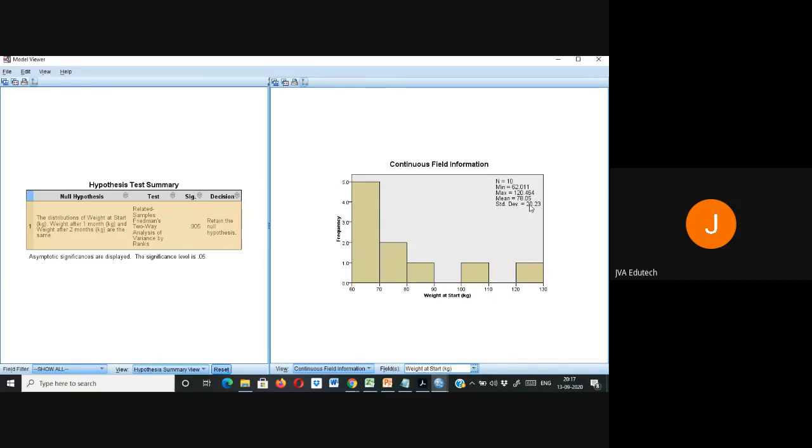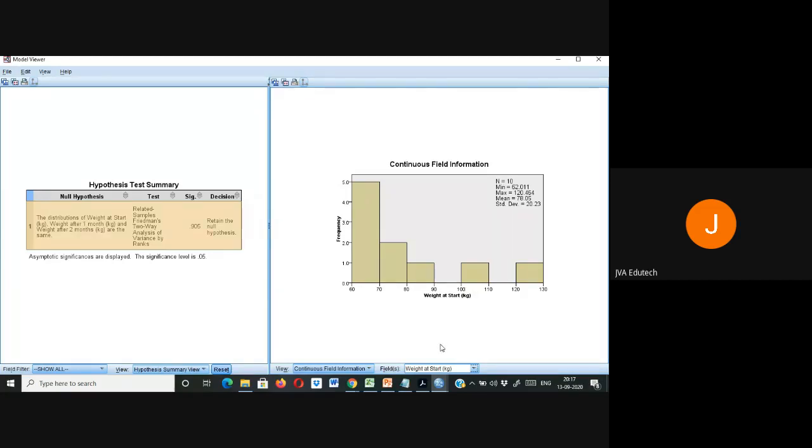Now, to calculate the effect size, in this case you have to do Wilcoxon signed rank test in 3 different stages. So test 1 will be weight at the start of the diet compared to at 1 month, then weight at the start of the diet compared to 2 months, weight at 1 month compared to 2 months.